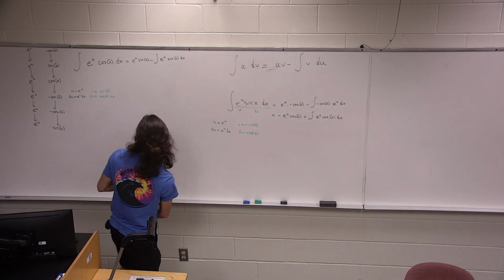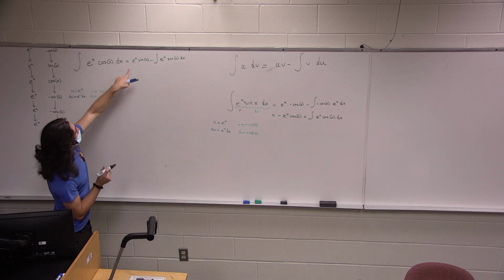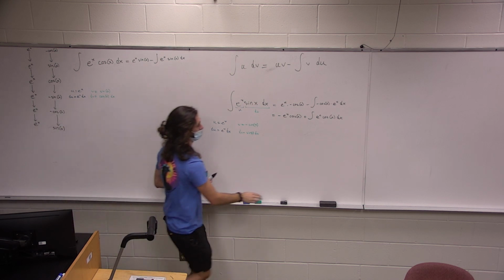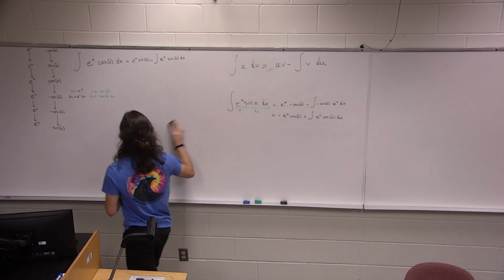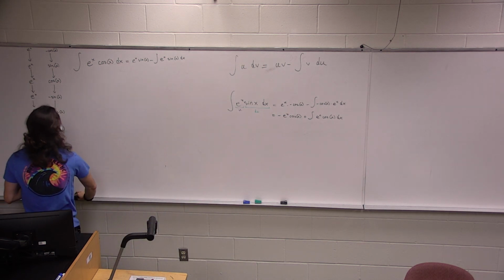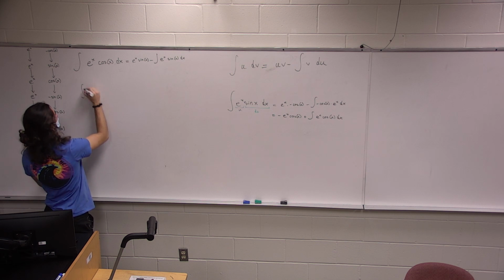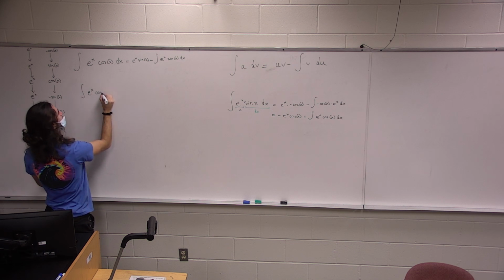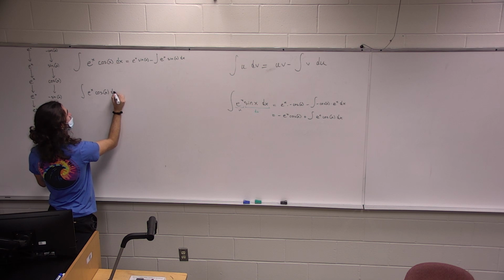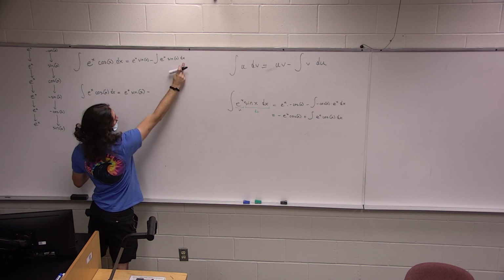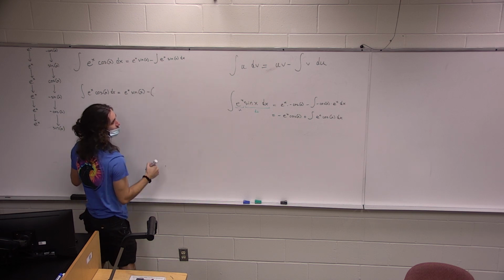But check it out. This we can rewrite now. This says the integral of e to the x cosine x dx is equal to e to the x sine of x minus this integral, which we just got an expression for.